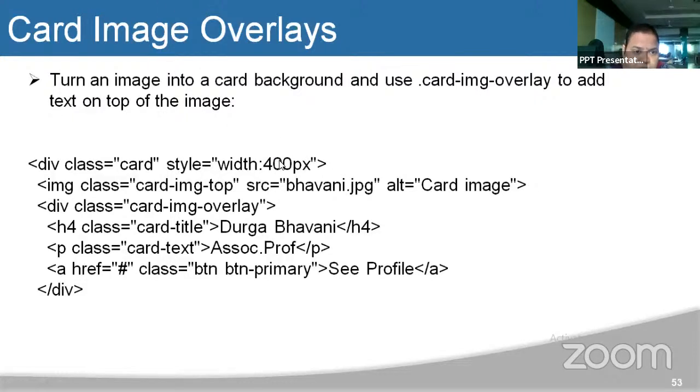So many classes are available. Please remember all the classes. See card-img-top, card-img-overlay, these are all predefined classes. For title purposes, you use card-title. If you want to mention text, you insert it in card-text.